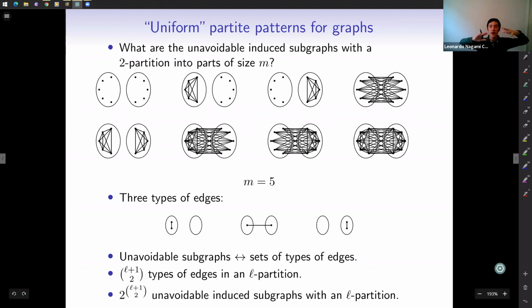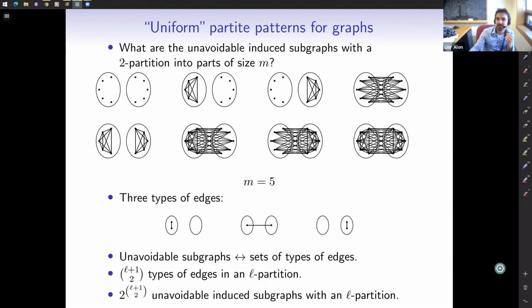If I give you a very large graph and I partition its vertices into 2 parts, and both of the parts are large, then I need to see one of these 8 patterns, on say 5 vertices on each side. If you have never seen Ramsey's theorem, then this explanation will not help you, so this should be separate. Okay, so I'll go and check Ramsey's theorem. Yeah. Okay. Thank you.